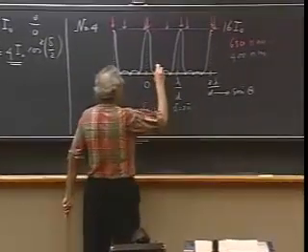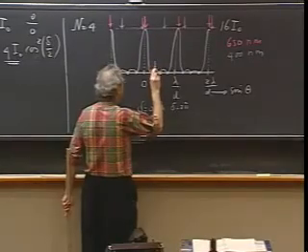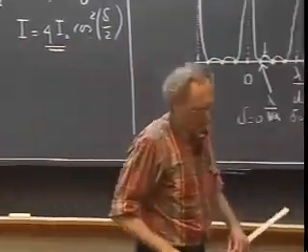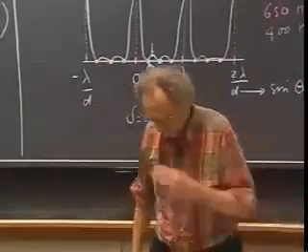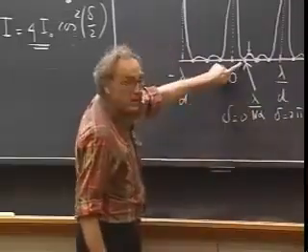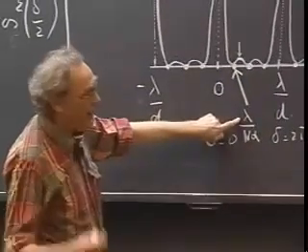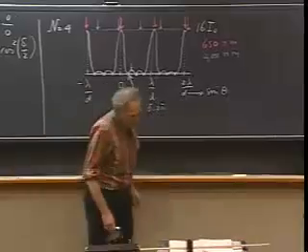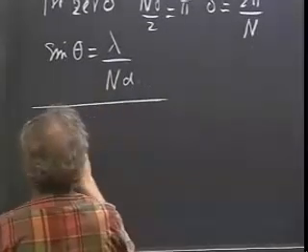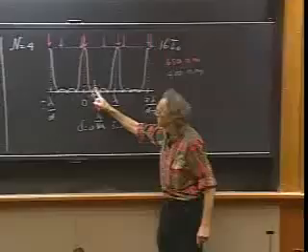You may be interested in what the magnitude is, what the light intensity, I should say, is of this little mini-maxima. Well, that is very easy to calculate. If we know that the sine of theta here is lambda divided by nd, and we know that here it is twice that much, then all I have to ask that equation, what is your light intensity, is at the first mini-maximum right here.